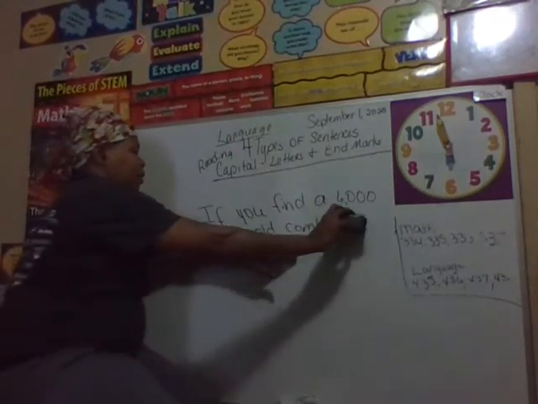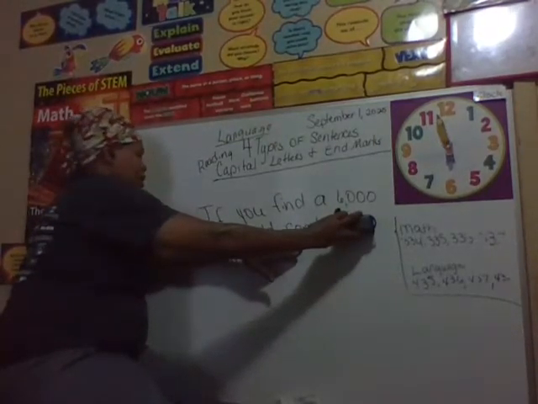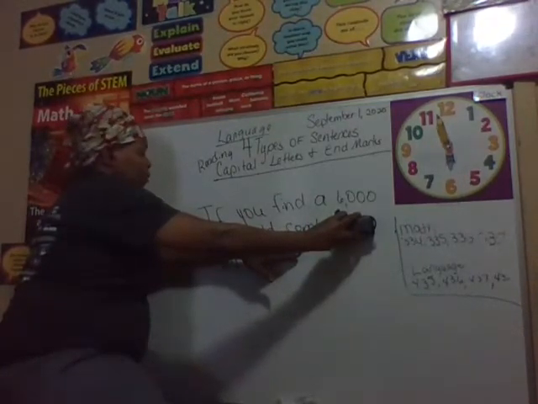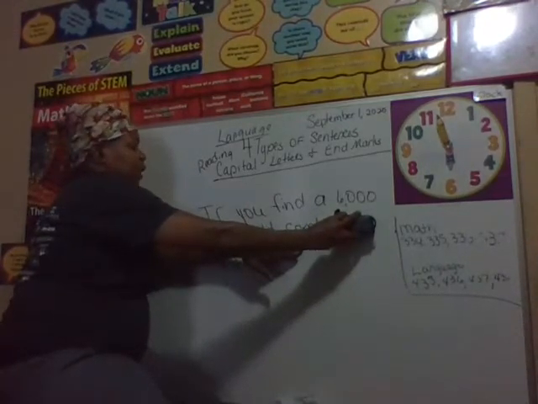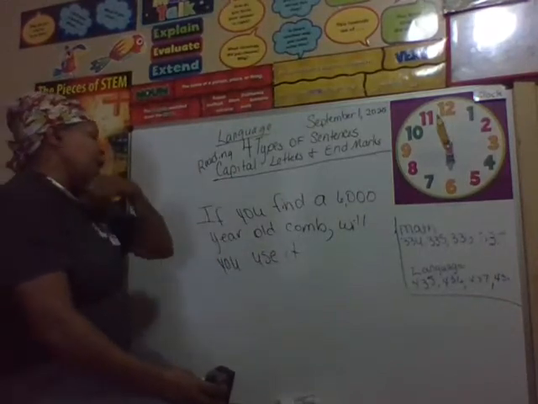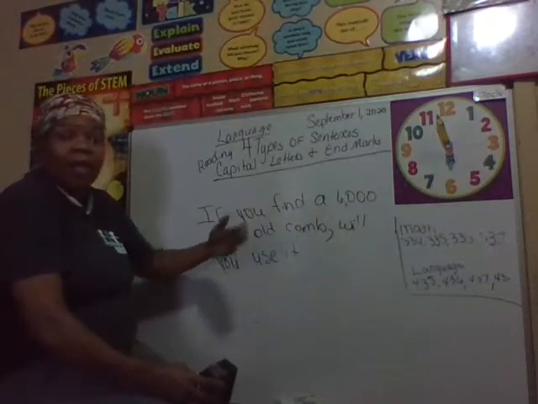Just this part. If you find a 6,000-year-old comb, is that dependent or independent? Can it stand alone? Or does it need help? It needs help, so it's dependent. If you need help, it is dependent. It's dependent because it needs something else to help it.